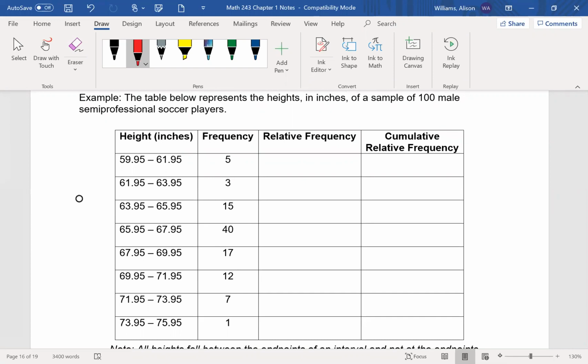If we were to total the frequency, it's going to be 100. I know that because they told us it's a sample of 100. And therefore, the relative frequency, when you divide 5 by 100, it's just going to be 0.05. 3 is going to be 0.03, 0.15. In other words, we're basically turning all of these into percentages.